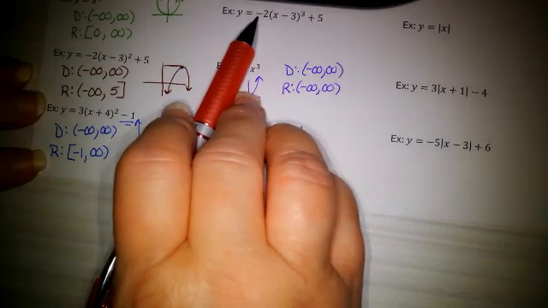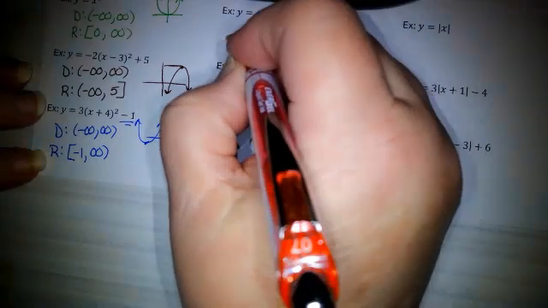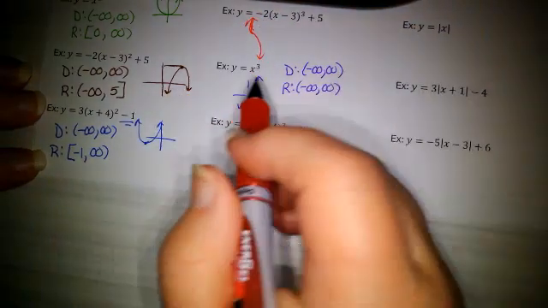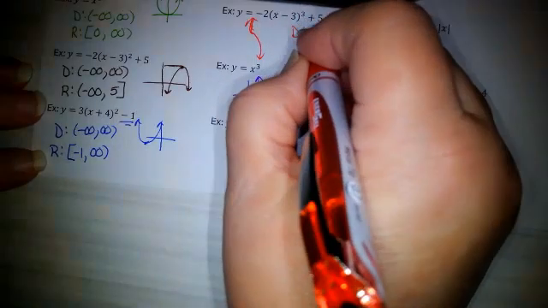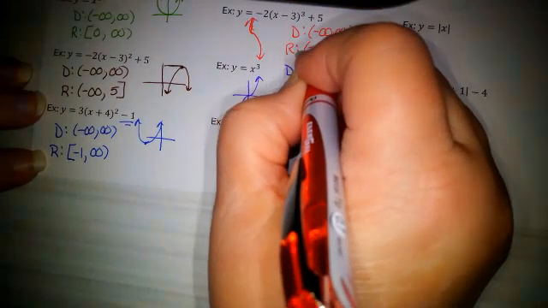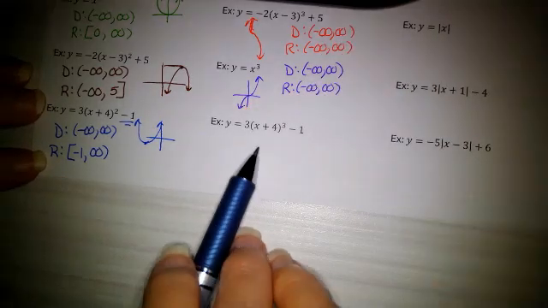This one, even though it's a negative, that just changes it to going this way, to up, down instead of down, up. It's still all real numbers and all real numbers. Our cubic functions, the domain and range is always going to be all real numbers.